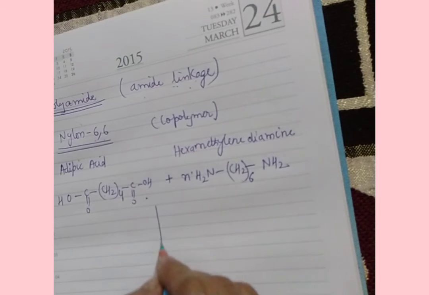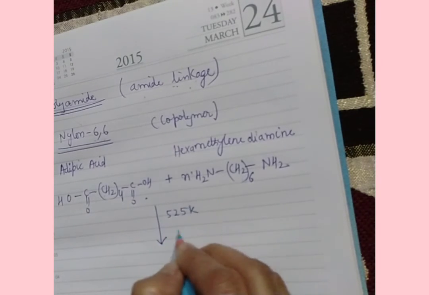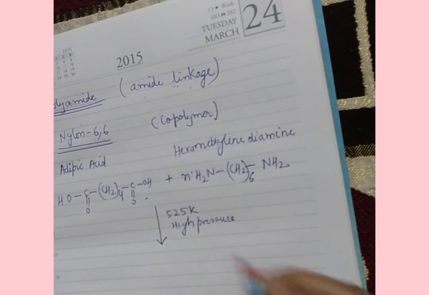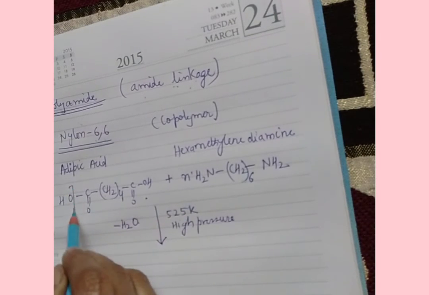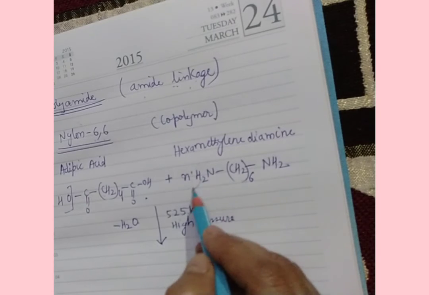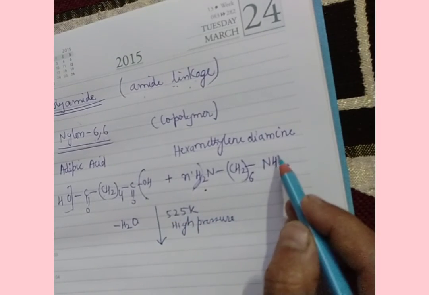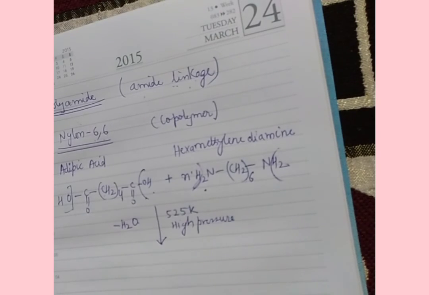Okay, so they are reacted at 525 Kelvin and high pressure with the release of a water molecule. Fine. So in this case also there will be a release of a water molecule in a way that the OH group of the acid and one of the H of the amino group are released. In the same way the OH group and one of the H of the NH2 are released, making a water molecule.